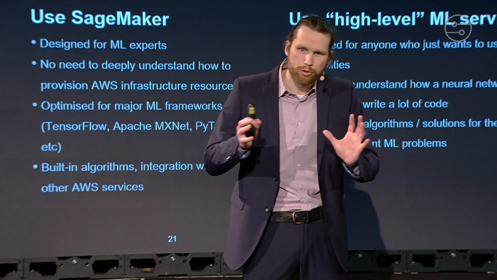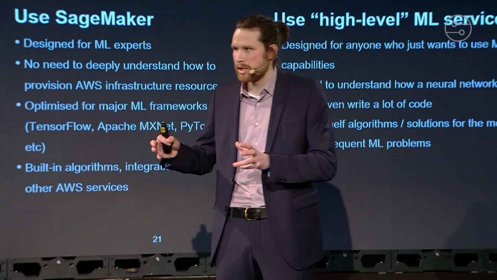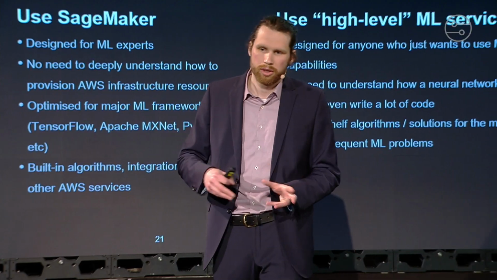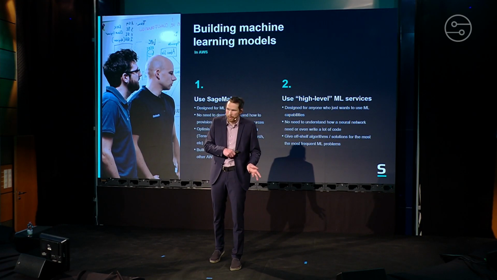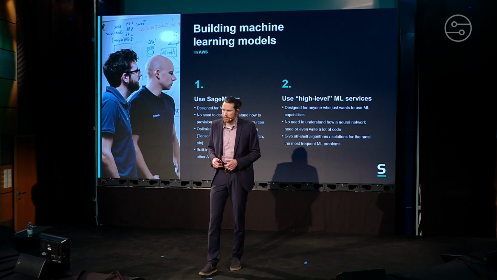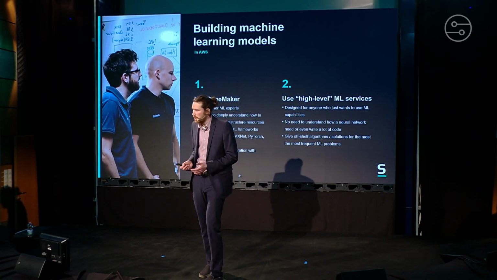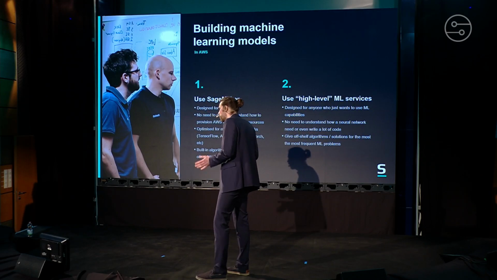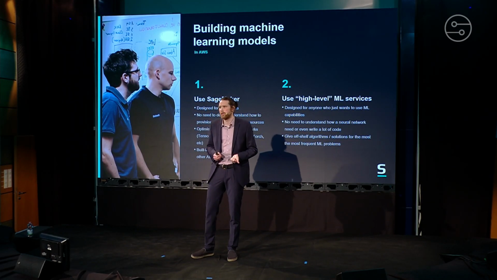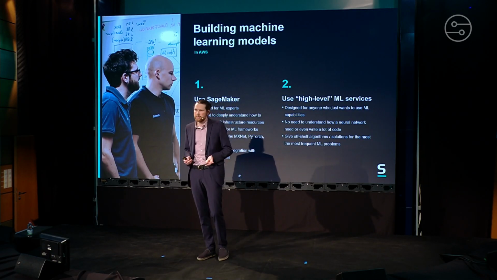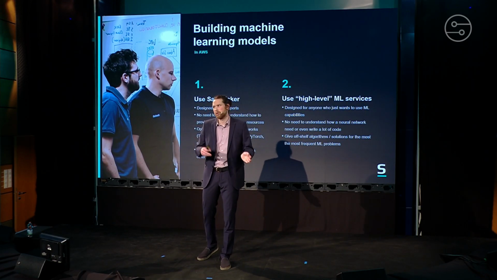Or if we are lucky enough that there is an off-the-shelf solution for our problem in the AWS high-level machine learning service portfolio, then we can go with that. That means we don't really need to be machine learning experts or data scientists to use machine learning to solve our problem.